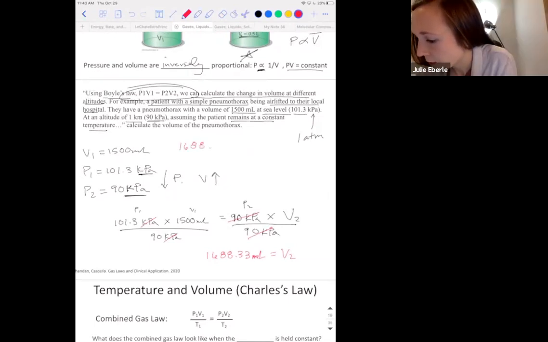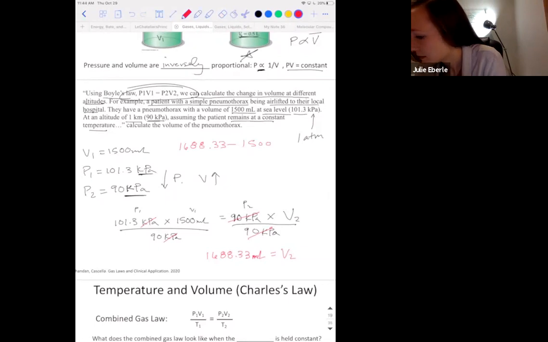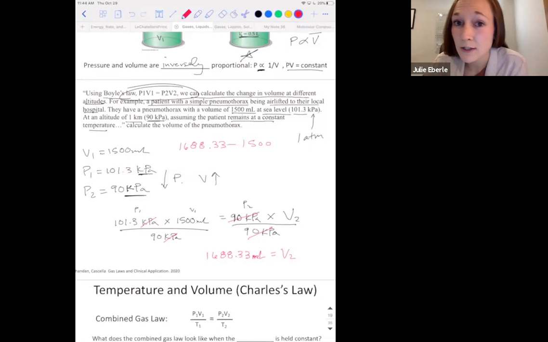You know what? I bet you're right. What we could do is subtract, find the actual difference in those numbers. 1688.33 minus 1500. So it increased by 188.33 milliliters.